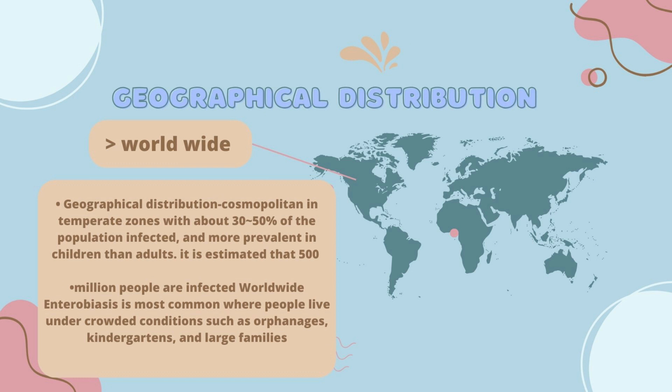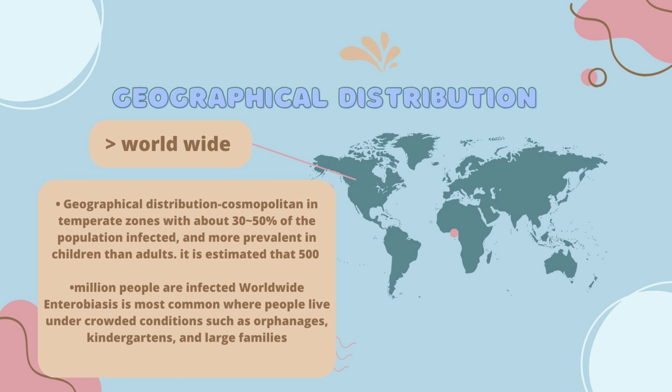Now going on to the geographical distribution, according to my research, it is worldwide and cosmopolitan, in temperate zones, with about 30 to 50% of the population infected, and more prevalent in children than adults.